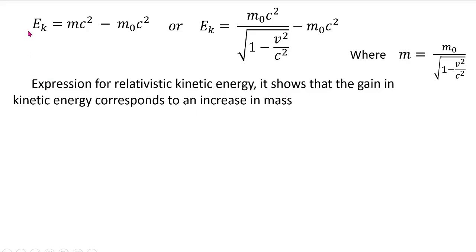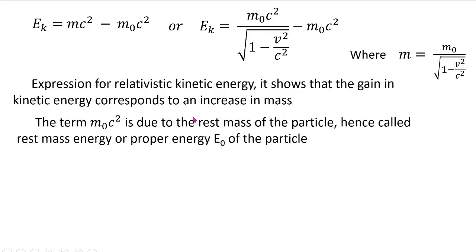It shows that the gain in kinetic energy corresponds to an increase in mass. This Ek, the gain in kinetic energy, is equal to m minus m0 into c square. This m minus m0 is the increase in mass. Therefore, this relativistic kinetic energy corresponds to an increase in mass.